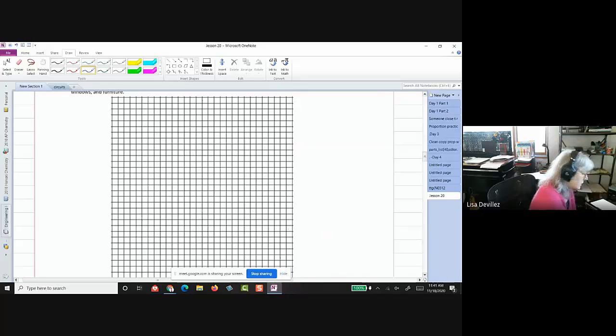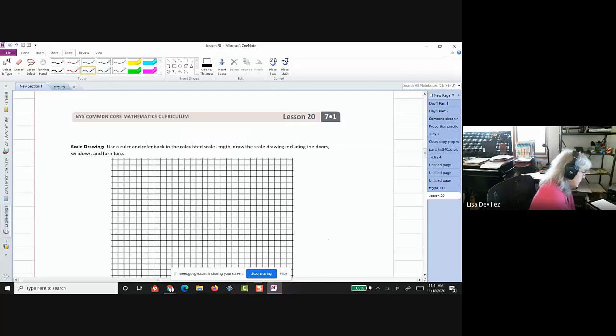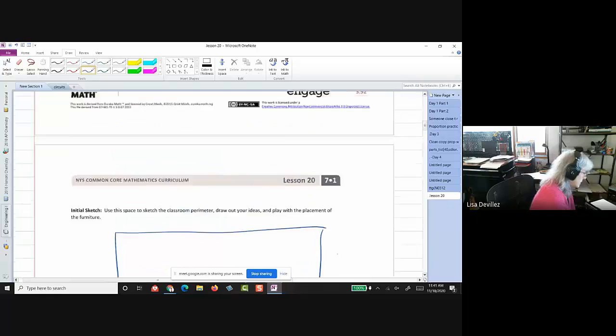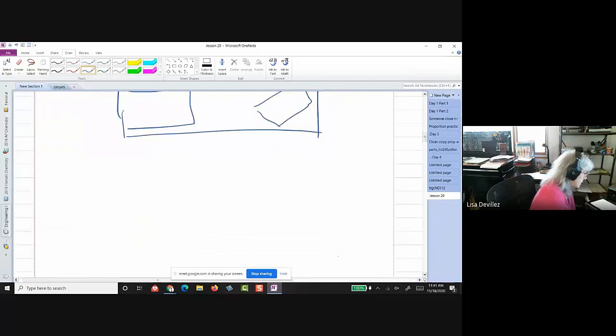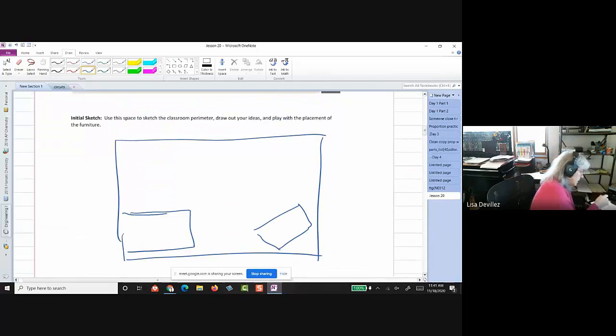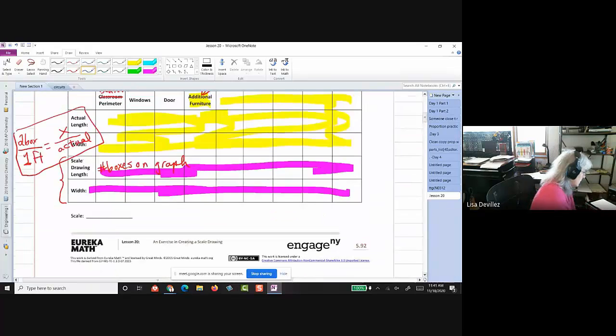This is where you're going to make that scale drawing. This should reflect the sketch, but you're going to use what you put in this table to know how many blocks on the graph each dimension is going to be.